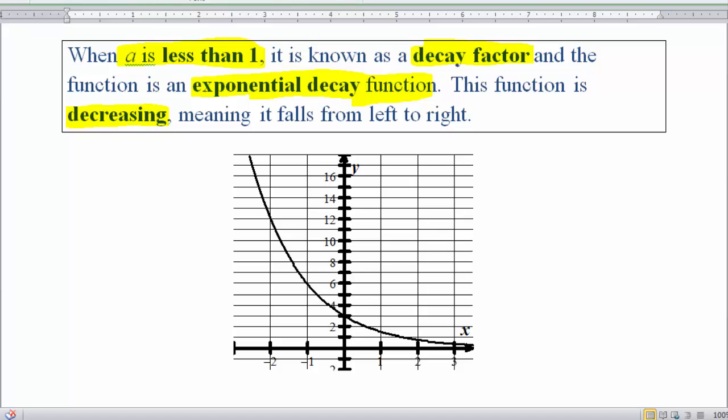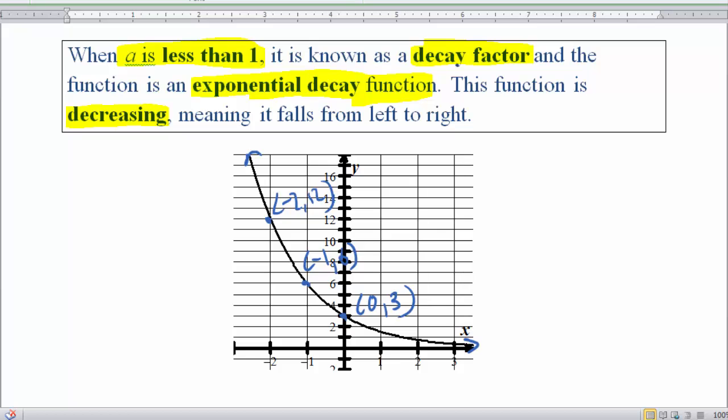So similar process we can do here as with the last one. Again, this is going up to infinity over here, and this is getting close to 0 over here. But we have some points here. 0, 3 is a point. This was negative 1, 6. And then this is negative 2, 12.